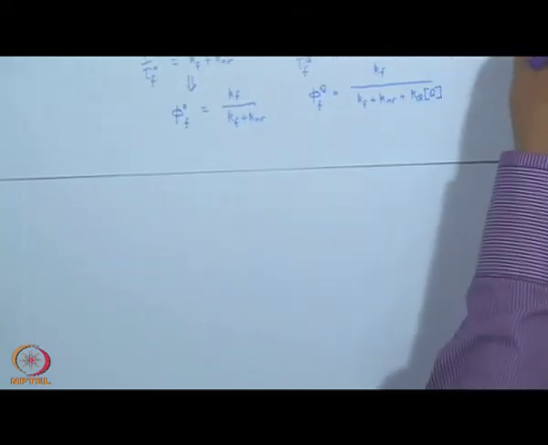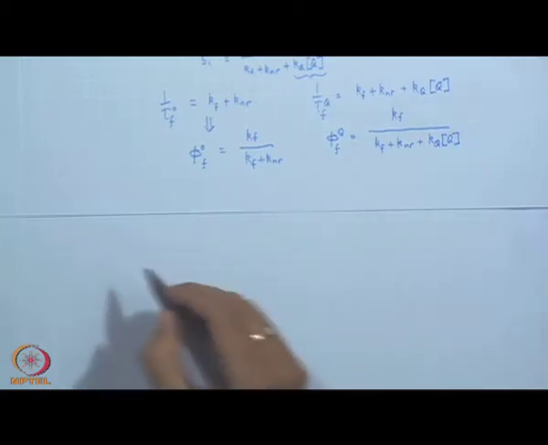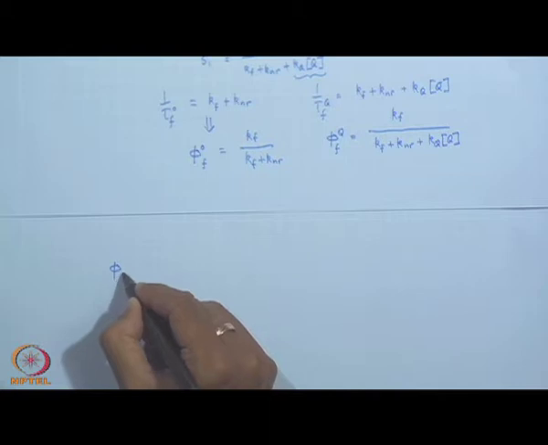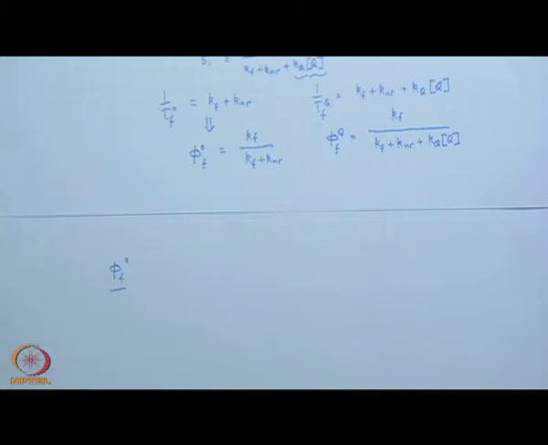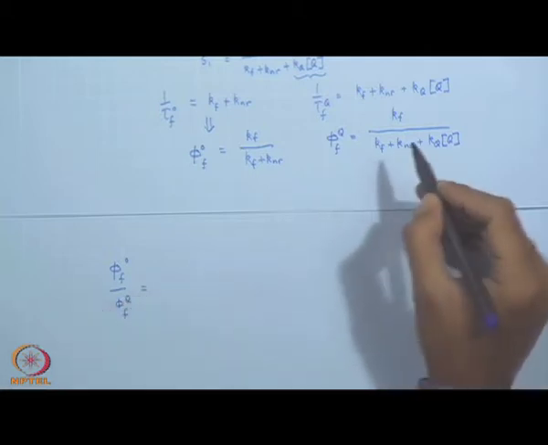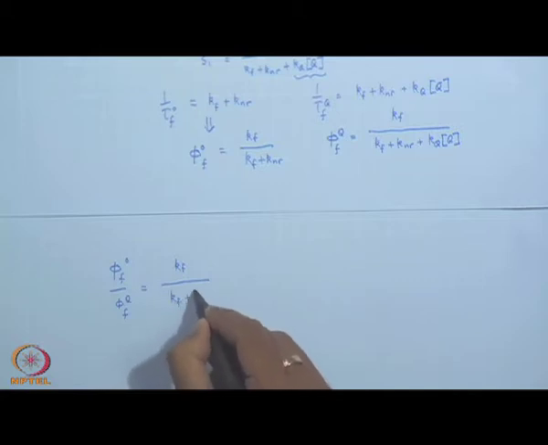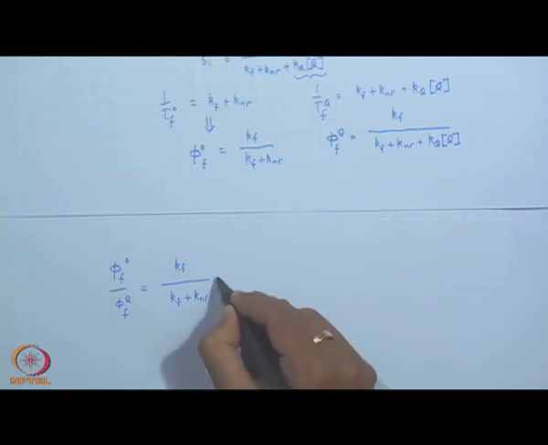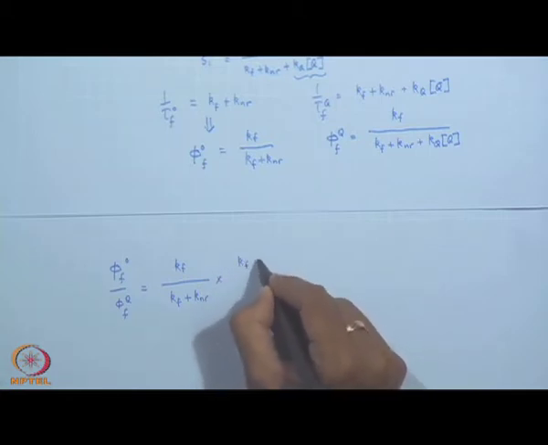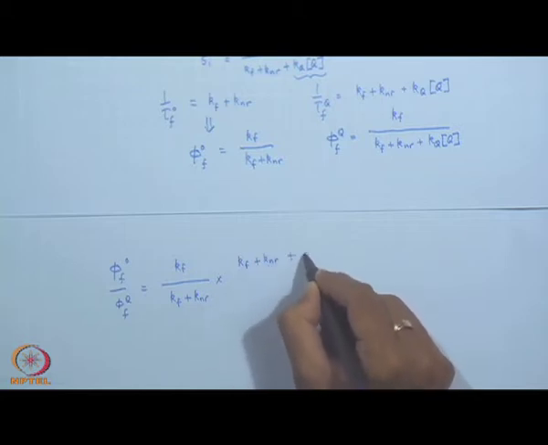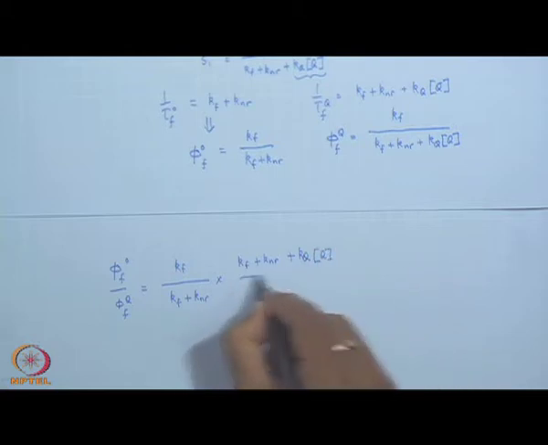If you divide these two, phi f 0 by phi f Q will be equal to, that means phi f 0 has k f by k f plus k n r, where n r contains both, as I told you, into k f plus k n r plus k q into Q divided by k f.